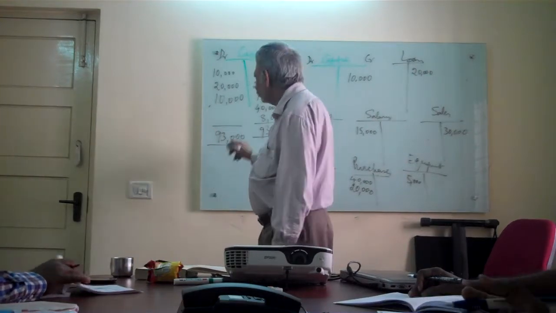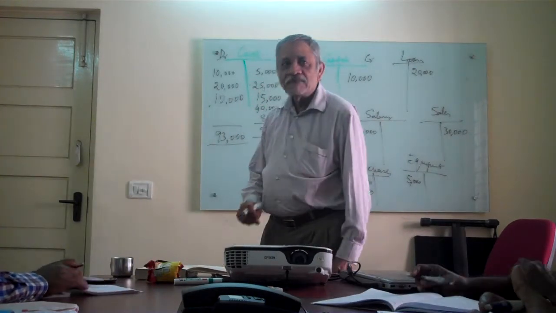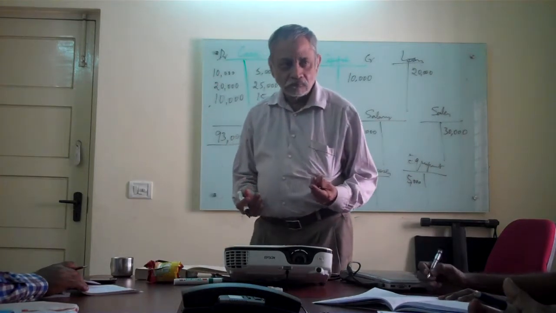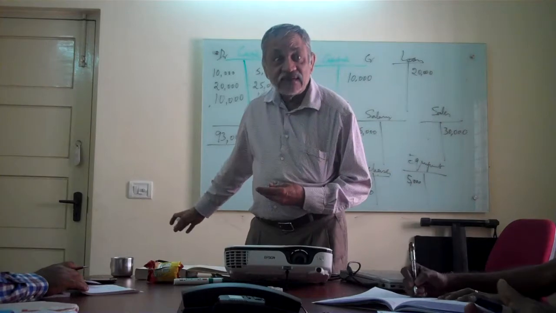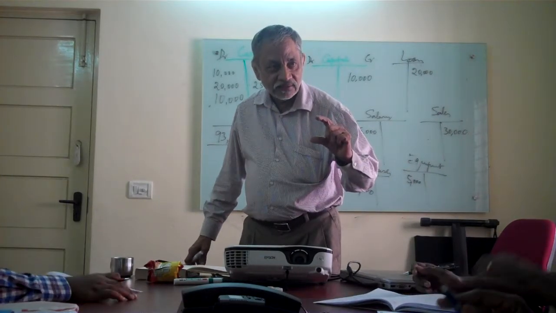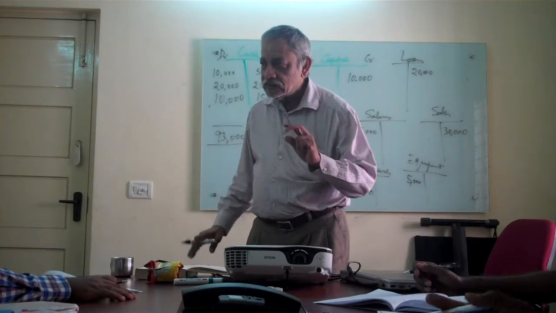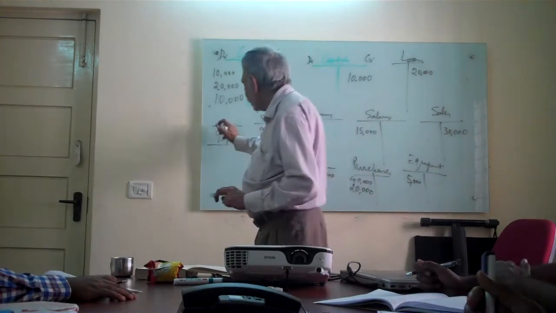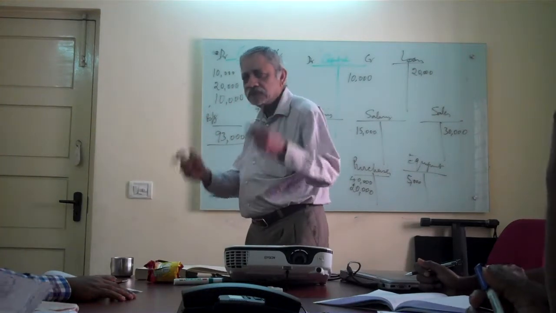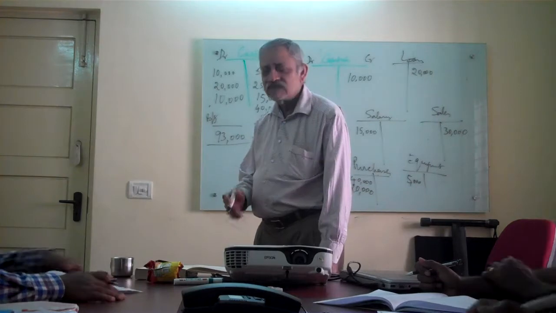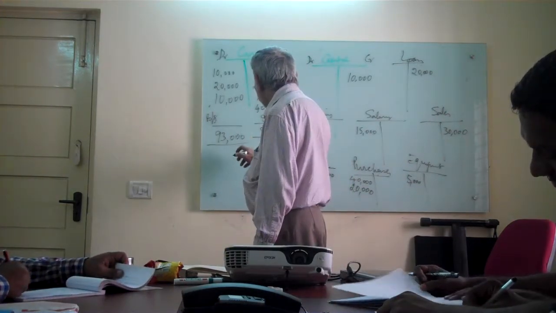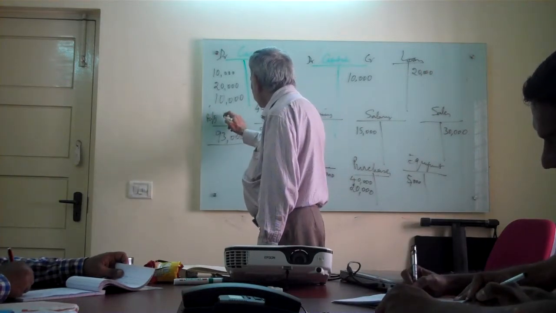This gap is called the balancing factor. There is no entry there. There is no event occurring. I am not making an entry. I am only identifying the balancing factor. The balancing factor is written as balance. Anything you like, I don't care. The difference is how much, sir? 53,000.